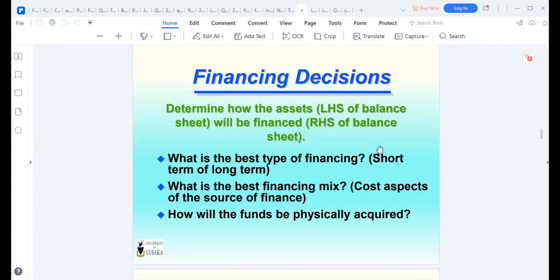By now, we must understand that the sources of finance for any organization could be from the owners of the businesses who are the shareholders. We call that share capital. It could also be from debt financing or retained earnings. So this is what we call the financial mix. And also how these funds will be acquired, the cost of this so-called capital.